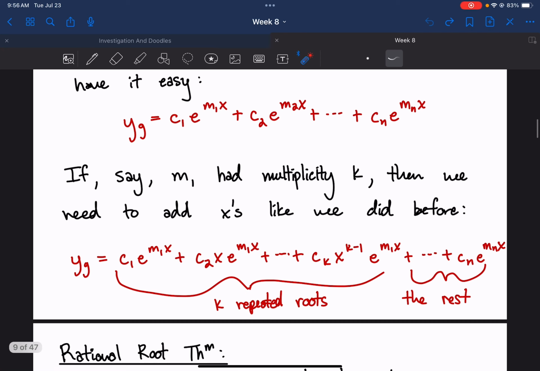You start with c1 e to the m1x, and then you add an x, and if it was repeated again, you'd add an x squared, and again an x cubed, and you go all the way up to x to the k minus 1 e to the m1x. And then the rest, if they're all distinct, look like before: c(k+1) e to the m(k+1)x, and so on.